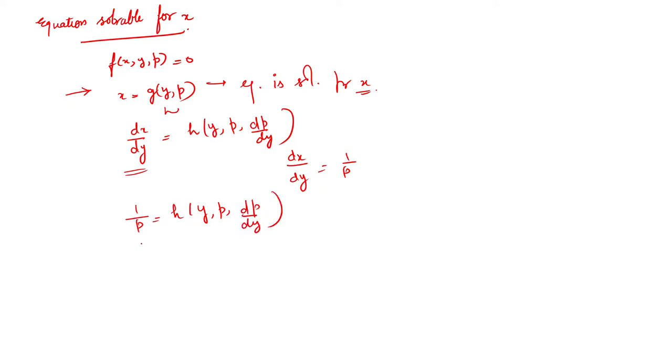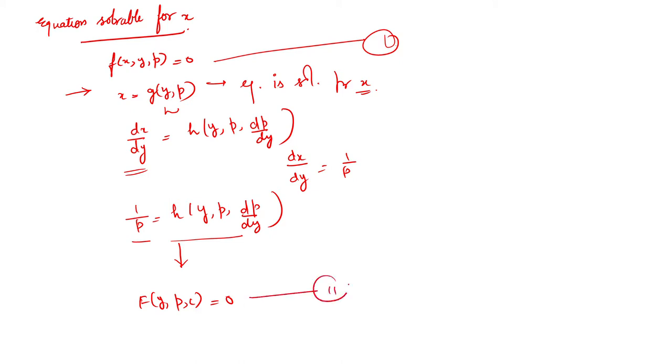Now suppose that after solving the whole equation, your solution can be written as f(y, p, c). Now if you eliminate your p between these two equations, then that will give you the general solution of your equation.